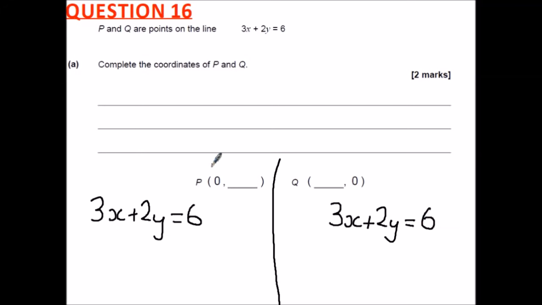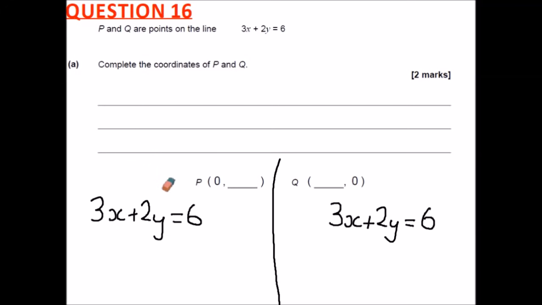I say the examiner's been nice because at P, they've said that the x coordinate at P equals 0. Remember, x comes first and then y. And so if x is 0, 3x is 0 as well, because 3 times 0 equals 0.